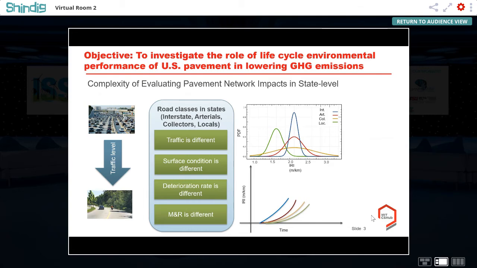There are some local adoptions of the maintenance and repair schedules that should be considered for investigating the role of pavement life cycle. And at the end, the budget for maintenance and repair is quite limited. We don't have an infinite budget to repair all the segments annually. Therefore, we have to consider the budget limits.